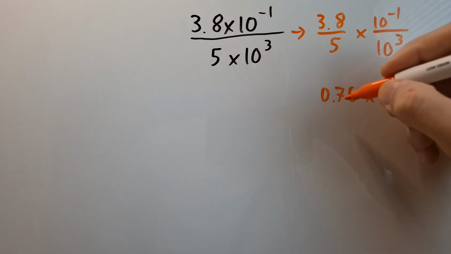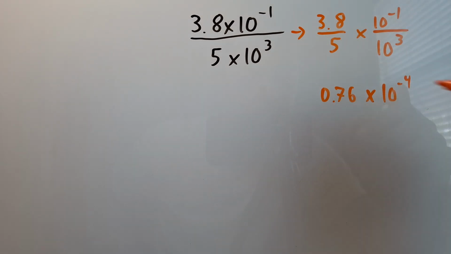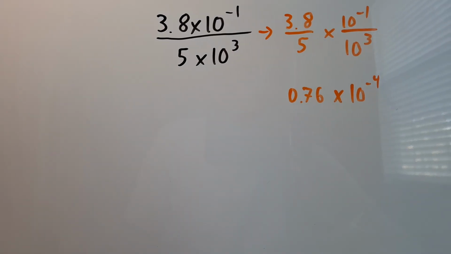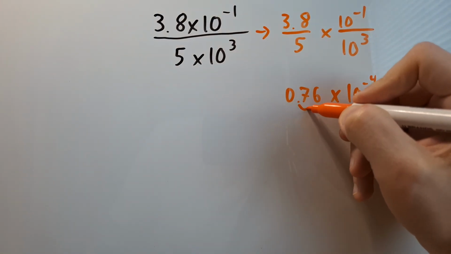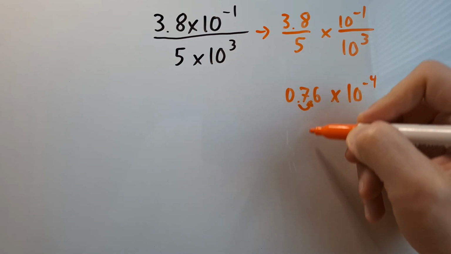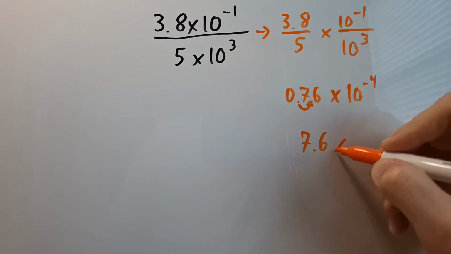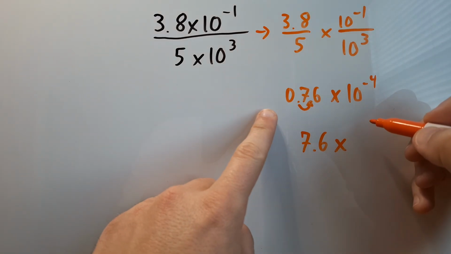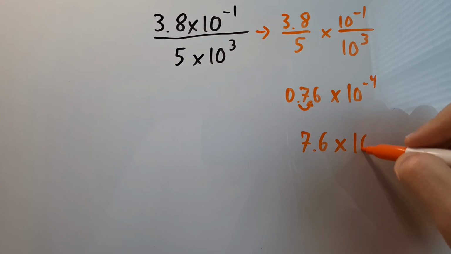Now, this number is not in between 1 and 10. So in order to fix that, we will move our decimal point one spot over to the right to get 7.6. Now, because this number was small, we're going to subtract 1 from the exponent this time.